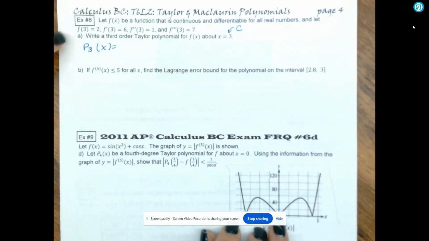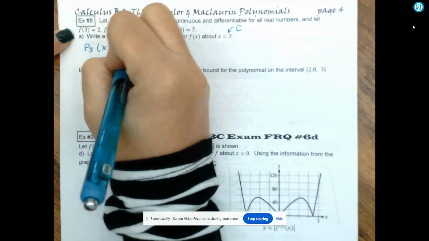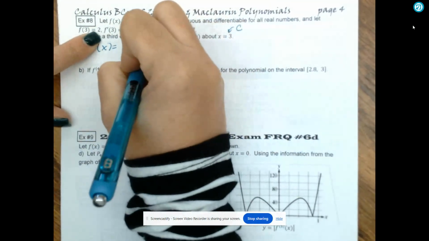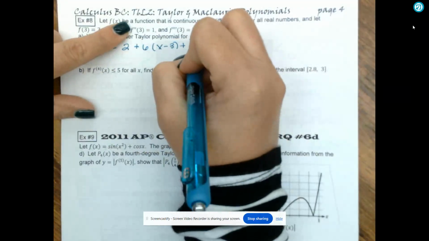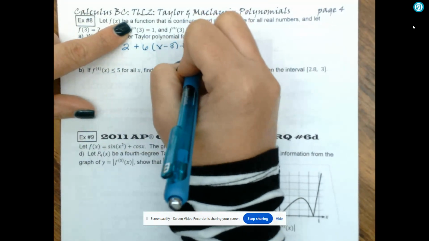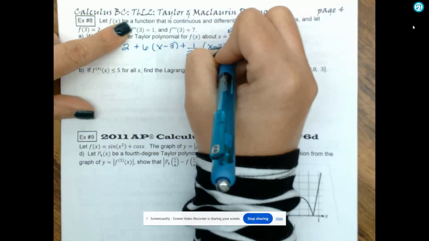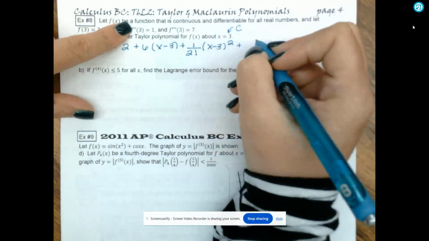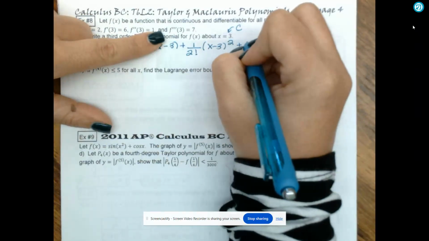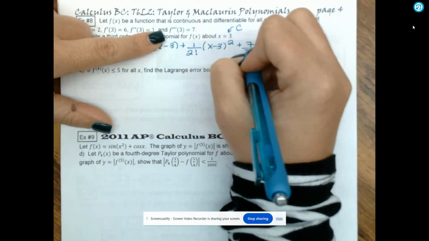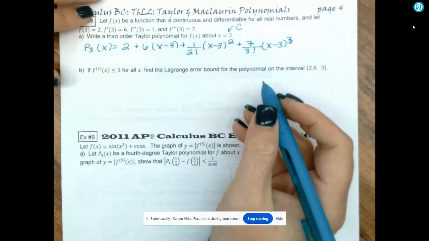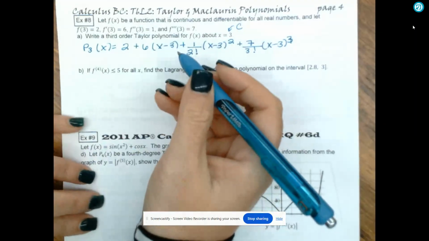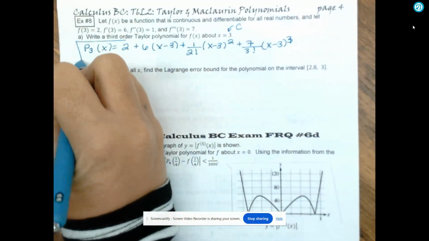They gave us the original: f of 3 is 2, plus f prime of 3 is 6 times x minus c, which would be x minus 3, plus f double prime of 3 is 1 over 2 factorial times x minus 3 squared, plus triple prime is 7 over 3 factorial times x minus 3 cubed. And there is your third order Taylor polynomial. That's it.